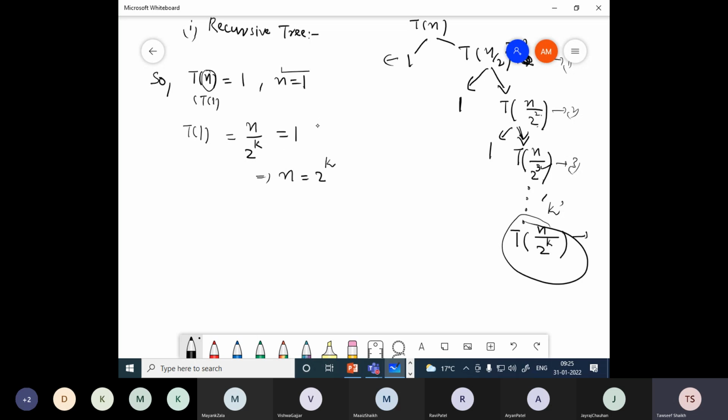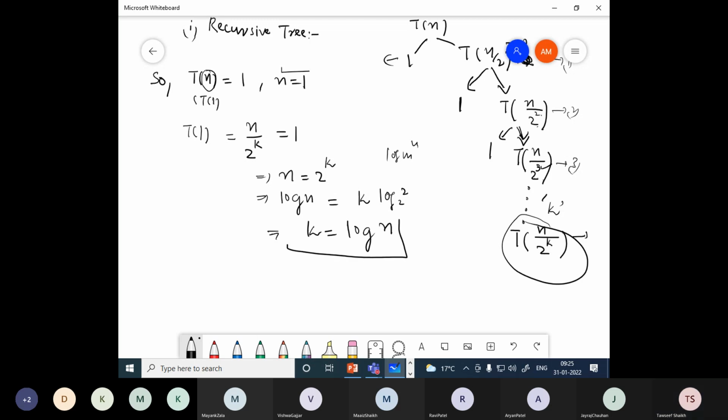Taking log on both sides, log of n is equal to k, because it is log m to the power n, k will come here, times log 2 to the power 2, and that's equal to 1. So in short, k will be equal to log of n. Isn't that so? k will be equal to log of n.